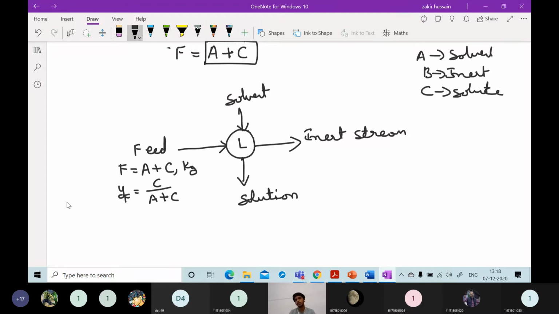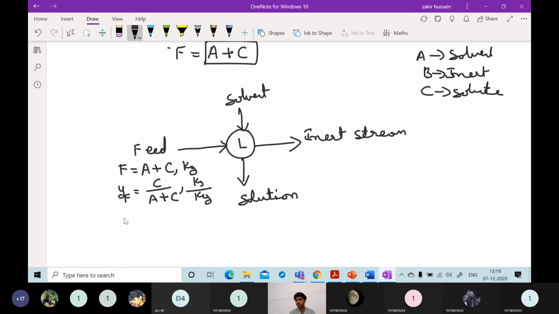We have to omit B because its weight remains the same throughout the operation. If it is 90 kg in the initial input, then in the output it will also be 90 kg. If it is 20 kg, the output is also 20 kg. It is not going to vary, so we omit it. These units are kg per kg, so there are no units for this one.